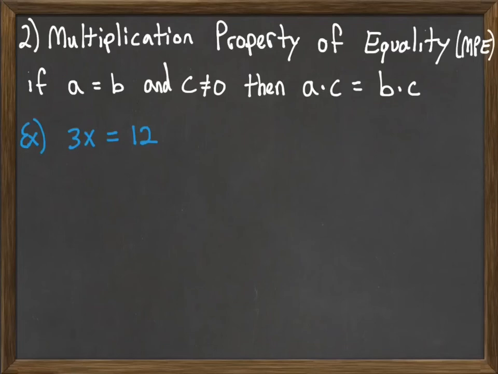So I do the opposite of multiplying by 3, which is to divide by 3. And I have to do that on both sides. And then we simplify. 3 divided by 3 completely goes away so that we have just x. And on the other side, 12 divided by 3 is 4. And so we get the answer x equals 4.